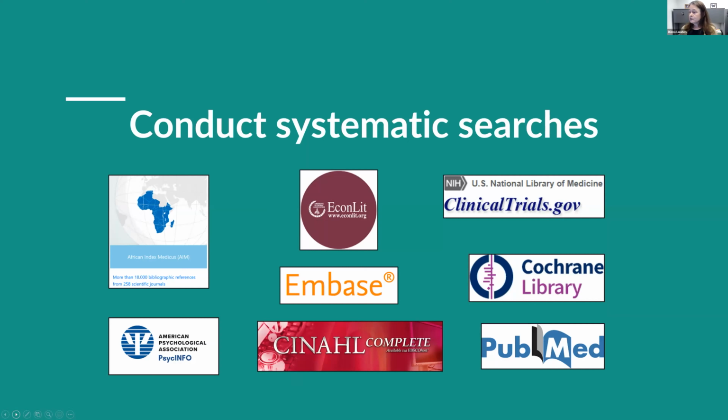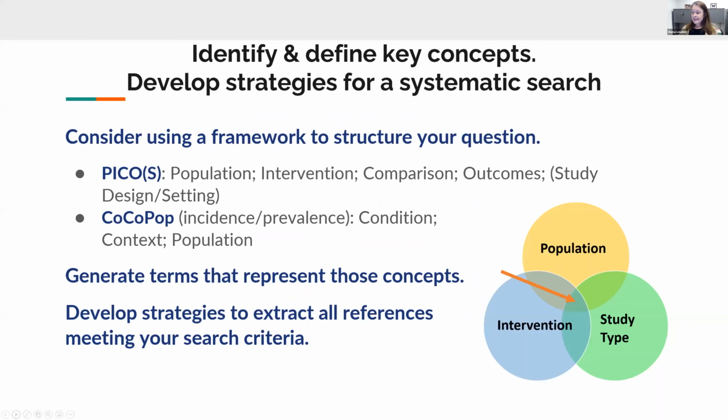But now we're going to talk a little bit about conducting the systematic searches, where you're conducting thorough searches and you're using the same criteria in multiple databases to gather the relevant evidence from each source. And many people find it helpful to use a framework when they're trying to structure their research question in the form that works well for a literature search.